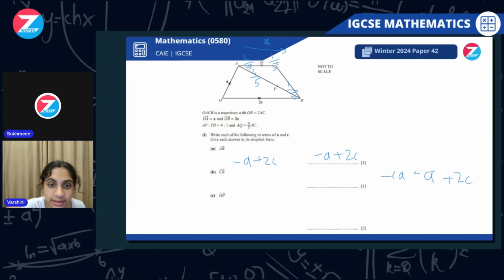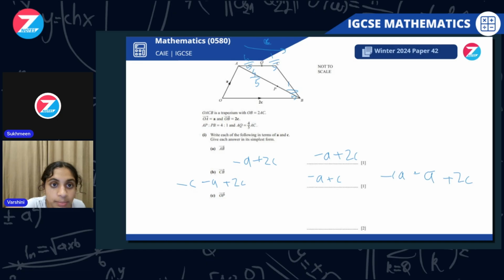So now we need to find CA, and we already know that CA is half of this 2C, which is C. So that's going to be minus C minus A plus 2C. And now since these are the same variable, we can just do 2C minus C, which is going to be 1C. So it's going to be minus A plus C.